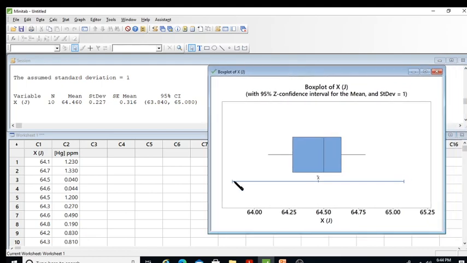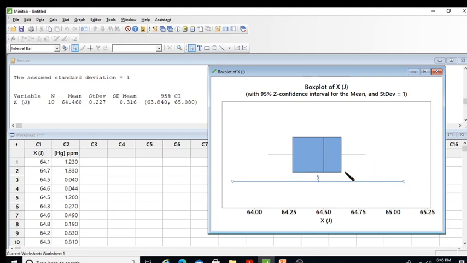So the lower limit is this, which is 63.84, and the upper limit is 65.08, which we have seen as a very large interval for this data. And you can see the lower value and maximum value, the median value, lower quartile and upper quartile, that is actually the box plot.